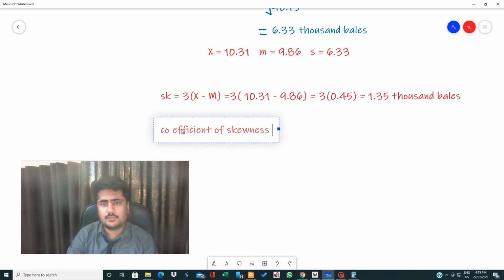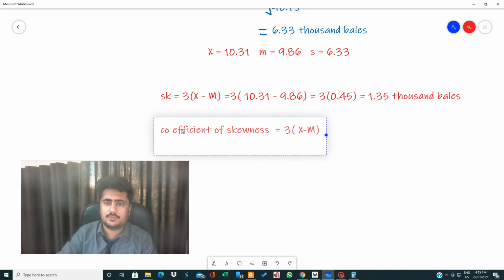Now my coefficient of skewness is 3 into mean minus median upon standard deviation. This 3 into mean minus median is 1.35 upon standard deviation.